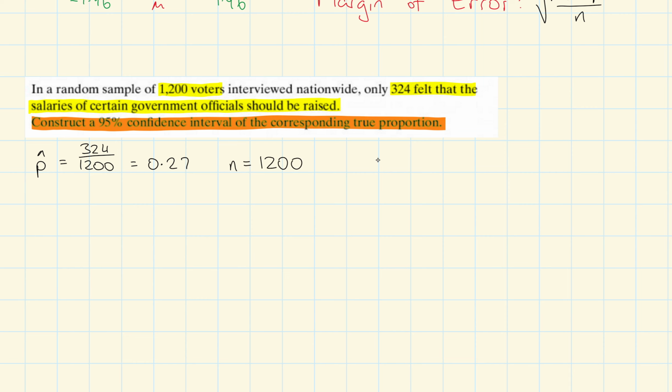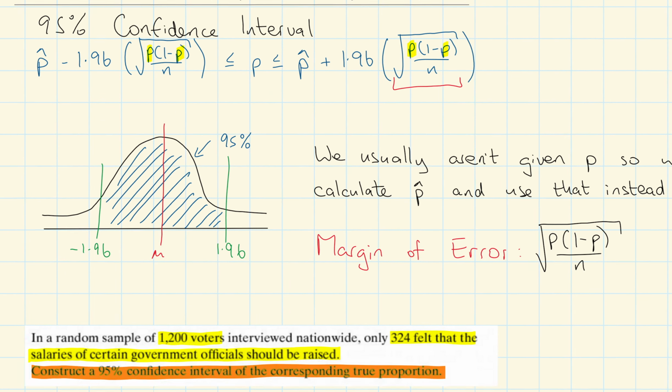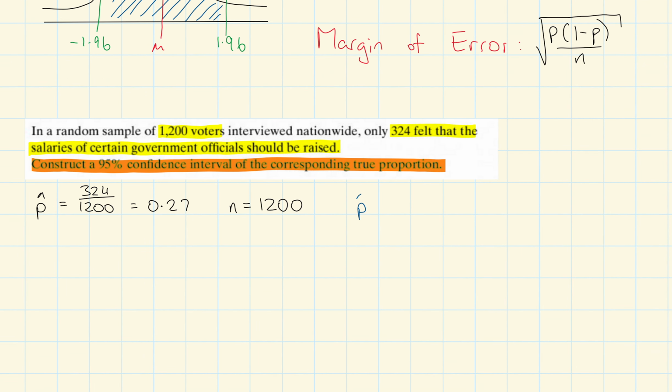And then our formula will be our p hat plus or minus 1.96 times the root of p times 1 minus p over n. Now in this one we don't know the p value or proportion, so we substitute that for p hat.